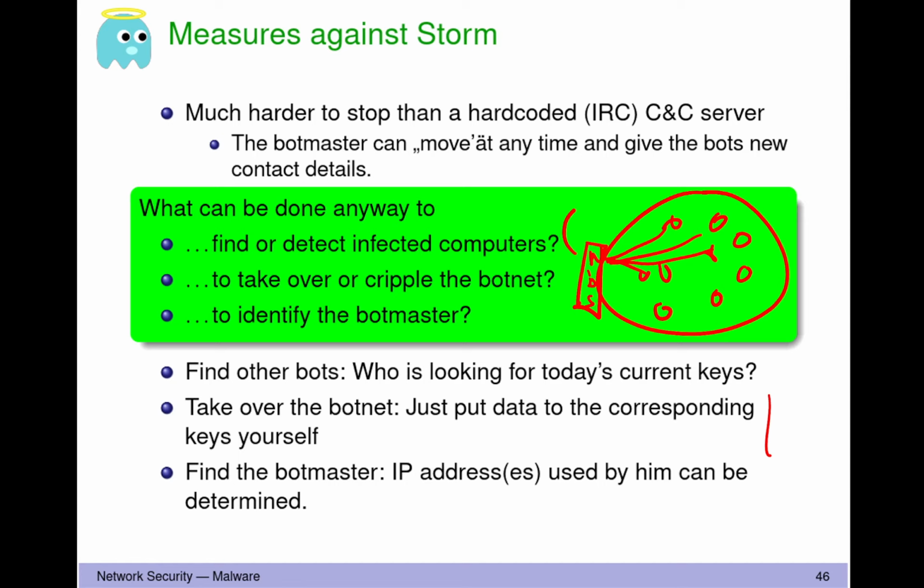So if the key is derived by a function of time, and somehow you can identify what this function is and how you can come up with the current key, you can every time put data at that key, and basically the peer-to-peer network then allows to replace it with somebody else's keys. So basically you can take influence on what is accessible by the bots.